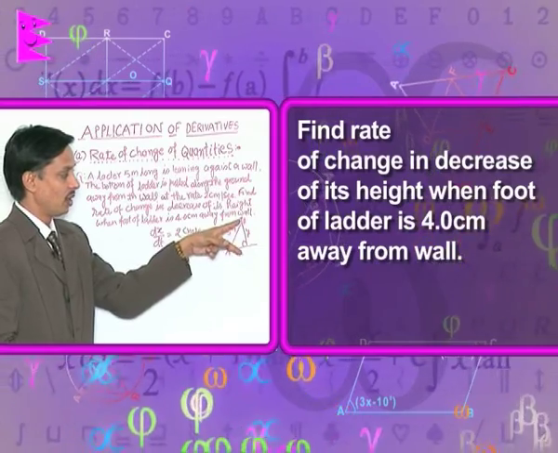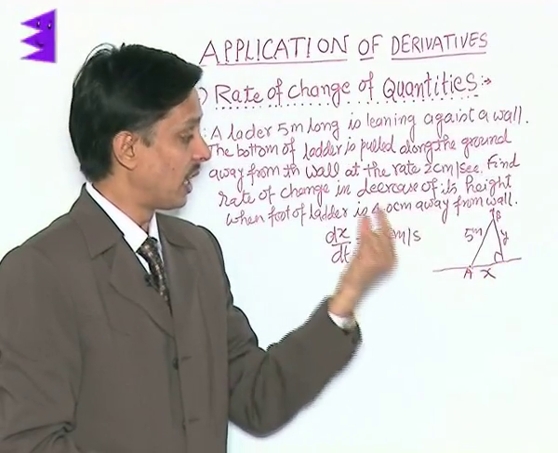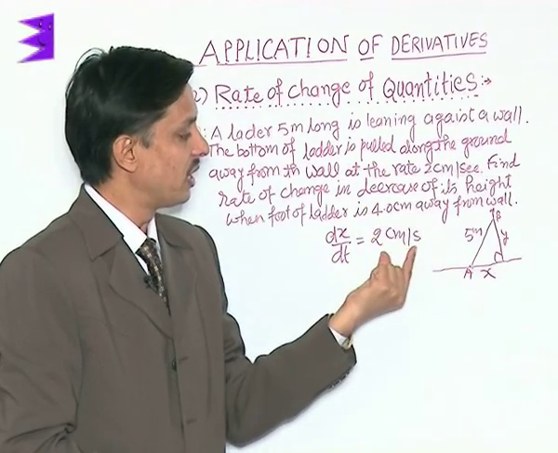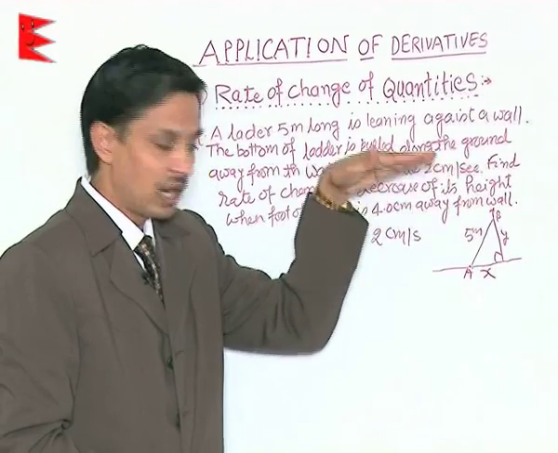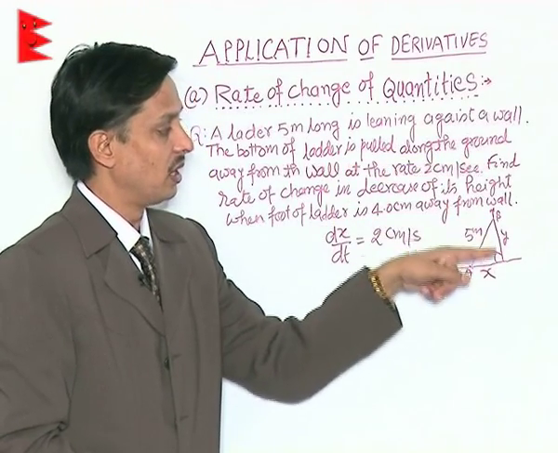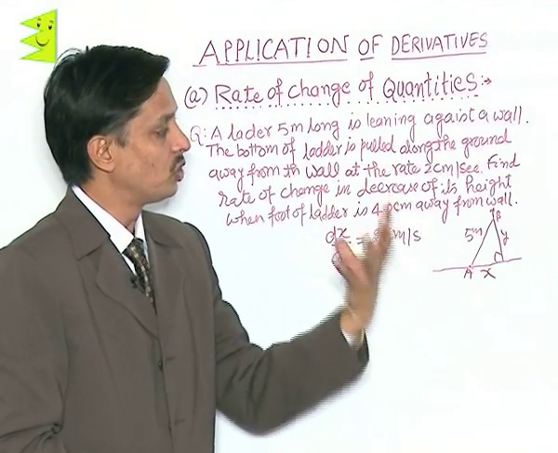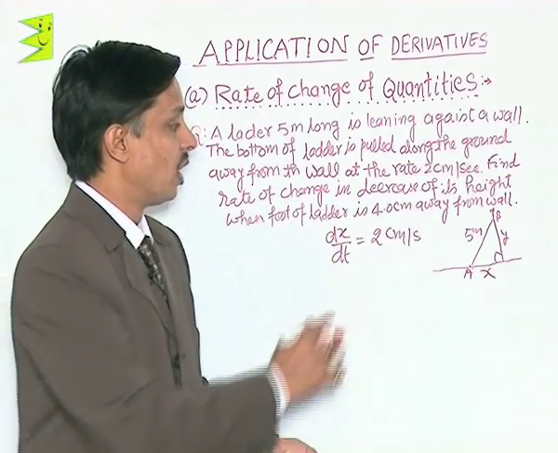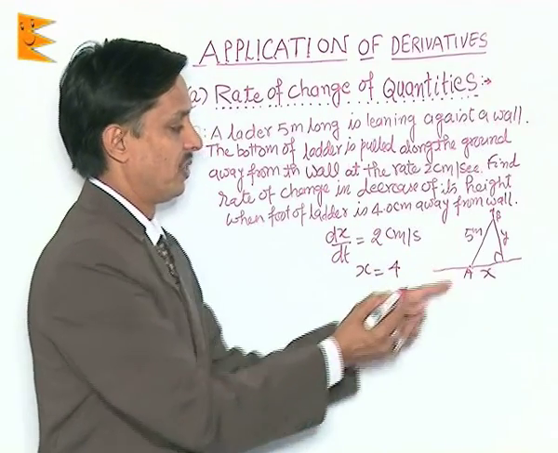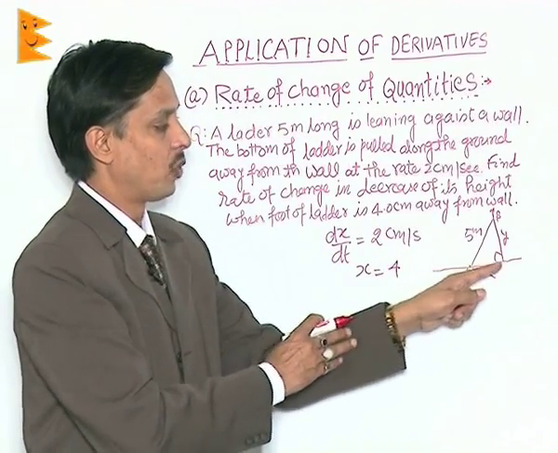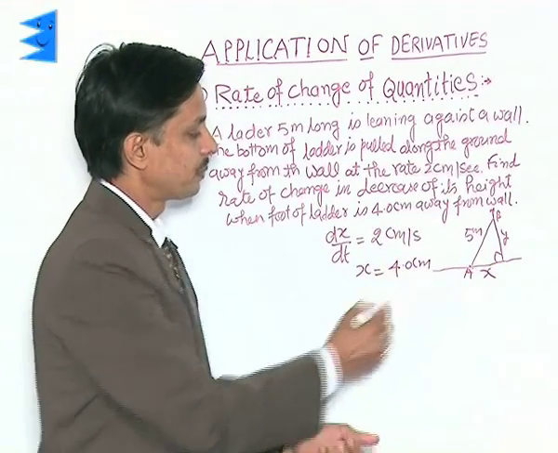They are asking, if the foot of the ladder is pulled in such a way that every second x is increasing 2 centimeter, then the top of the ladder will come down, so in the height there will be a decrease. That rate of change of the decrease is required when they have given the value of x, that is the foot of the ladder from the foot of the wall, as 4 centimeter.